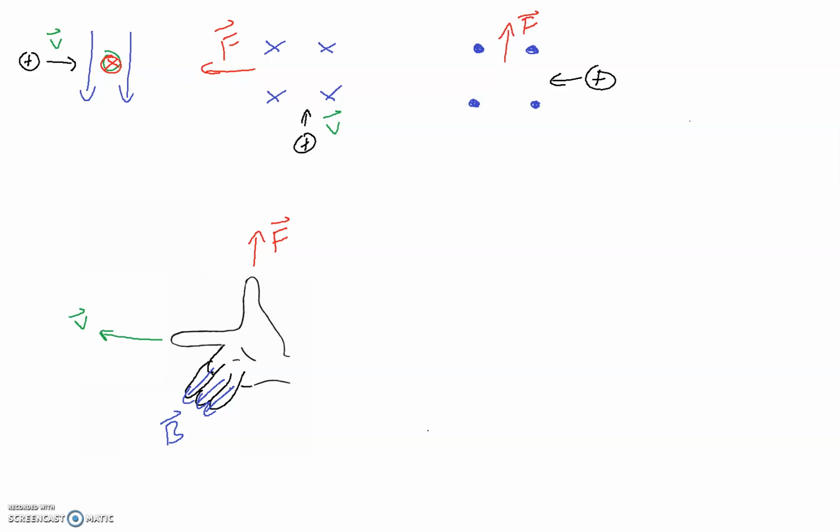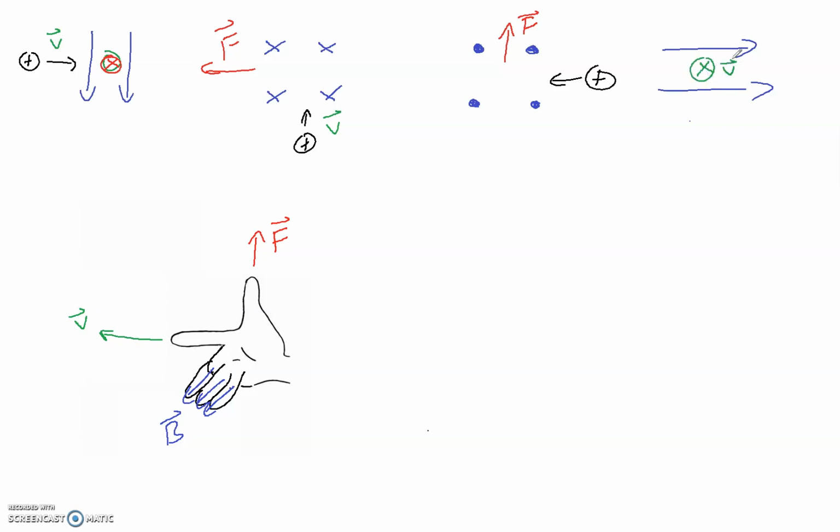All right, so let's try this one. Let's say that our magnetic field is going to the right. And let's say my charge is actually going away from me.